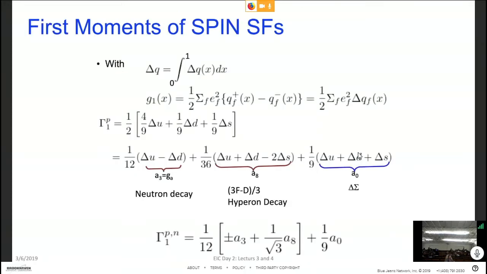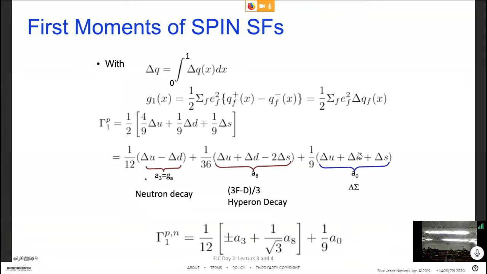So here is my spin. I've measured this g1 as a difference in the quark structures. And if you look at that, the charge 2 by 3 is the u quark charge, and the square of that is 4 by 9. The d quark charge squared is 1 by 9, and the s quark charge squared is 1 by 9. So that's why you get this.